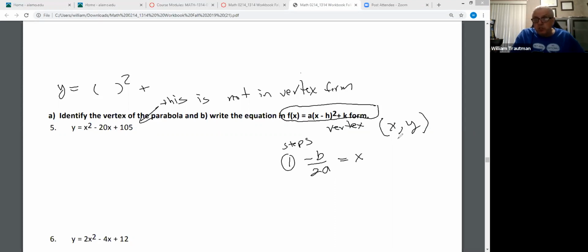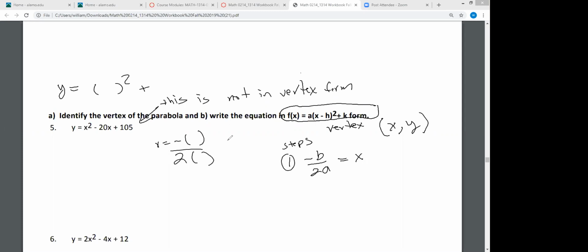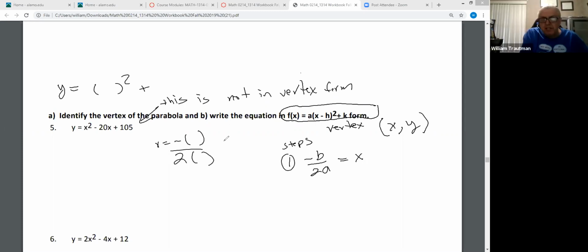So can somebody tell me what a and b equal? The formula is x equals -b divided by 2 times a. Anybody remember how to find a and b?